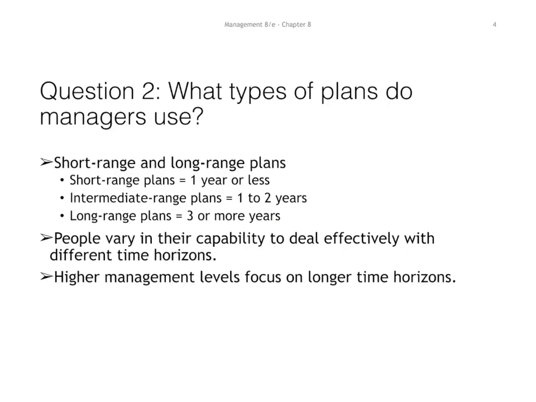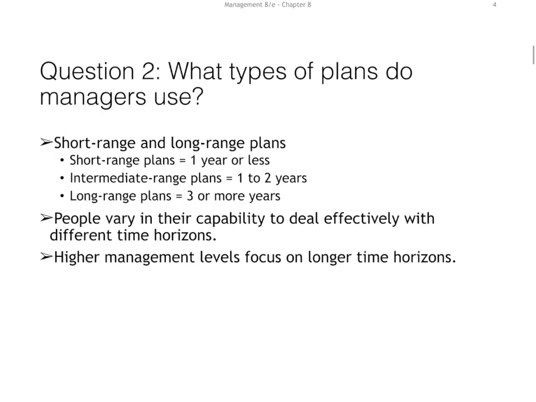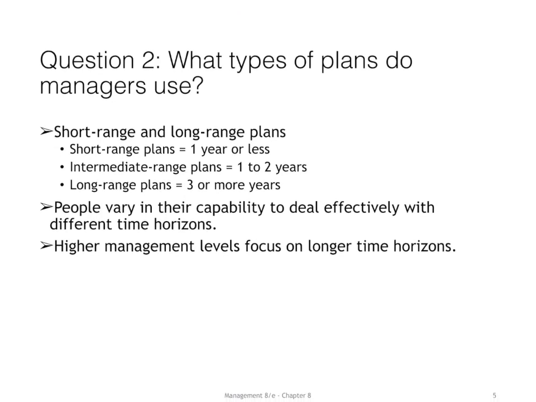What types of plan do managers use? The types of plan we discussed in the previous topic are short range and long range. We know 1 year or less is short range, and more than 1 to 3 years is long range. And here we have the statement that people vary in their capability to deal effectively with different time horizons.